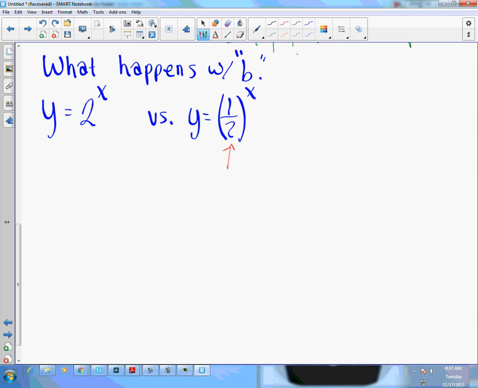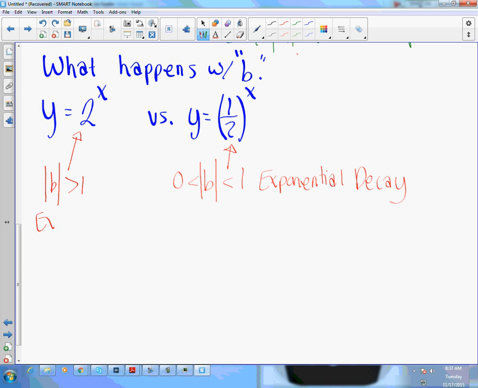So on our base, when the absolute value of b is between 0 and 1, it's an exponential decay. When the base is greater than 1, it's an exponential growth.